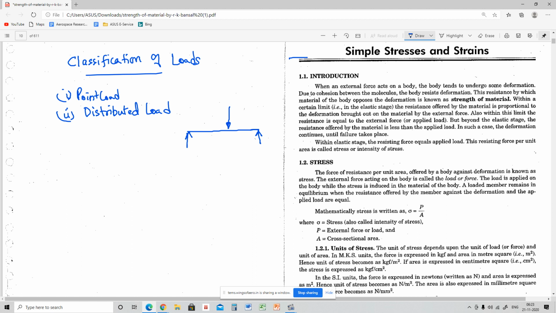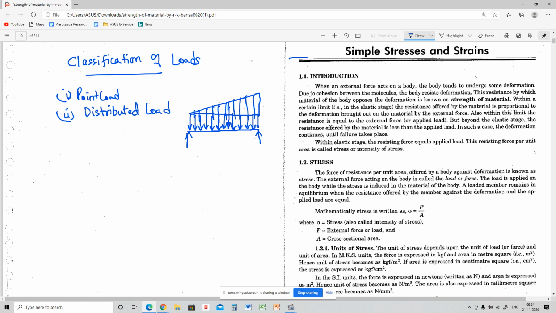Now if the same point load is continuously distributed, multiple point loads distributed equally across the beam, we can say it is a uniformly distributed load. If the point loads vary from one point to another, it is called a variable distributed load. So these are the basic loads.